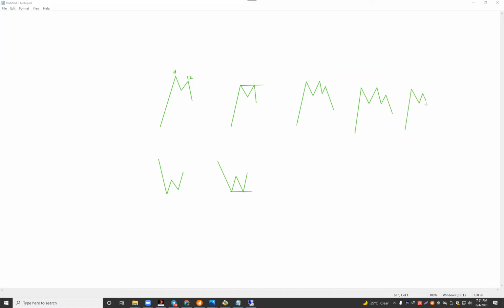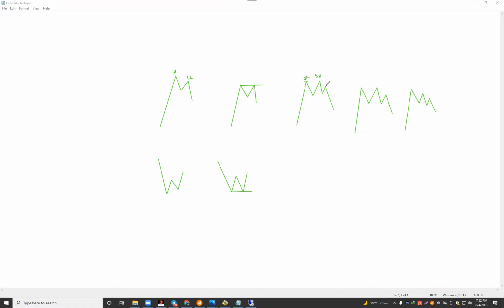Inverse head and shoulder. How can you define the triple top? In the triple top, it is possible the first high and the next high can be similar highs, right?